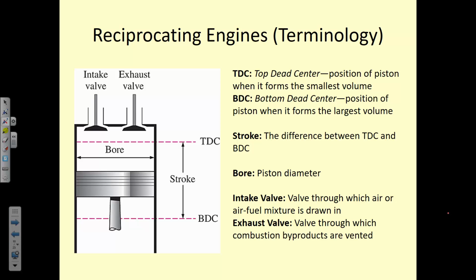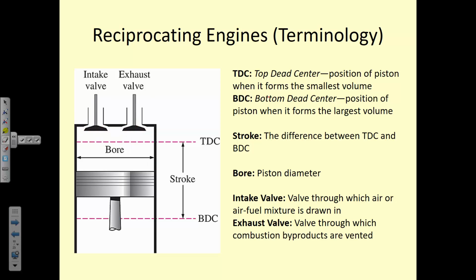So terminology, again, this is review from last semester, but we'll go into more depth when we actually look at how to analyze these systems. So top dead center is the position of the piston when it forms the smallest volume. So this is the volume at top dead center. So it's the distance between these valves and the piston itself.